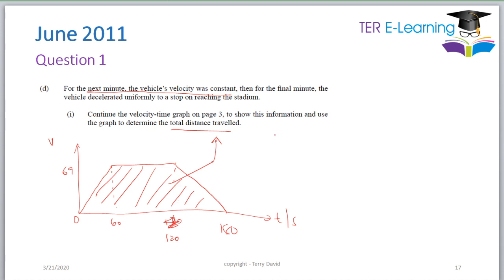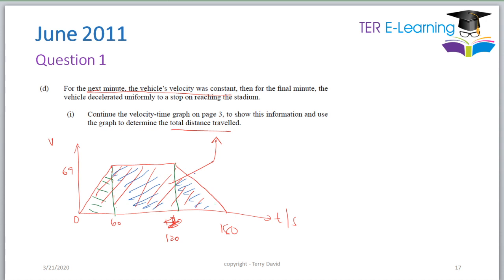You can break up the shape into a triangle as one, and you can also get this piece here, which is a rectangle, and you can also find this here, which is another triangle, and you add those up, right?